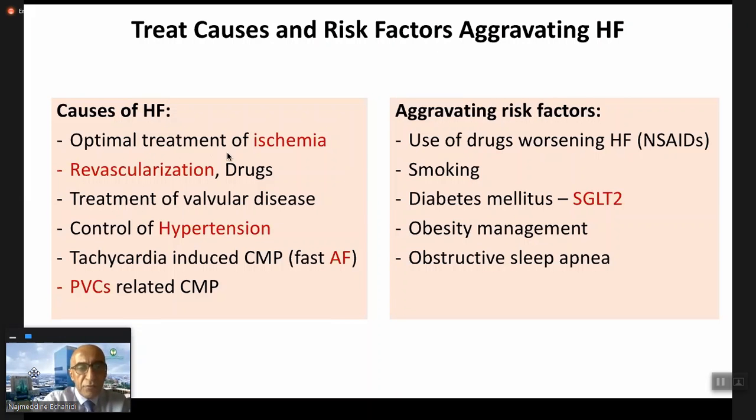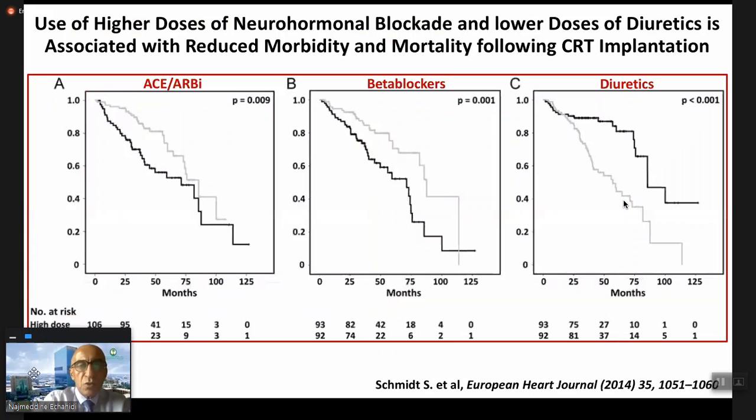We have to treat ischemia aggressively by revascularization and appropriate drugs, control hypertension, and avoid atrial fibrillation or manage it; we'll see how we do this. In patients presenting with a significant burden of PVCs or non-sustained ventricular tachycardia, we have to think about new drugs like SGLT2 inhibitors and so on.